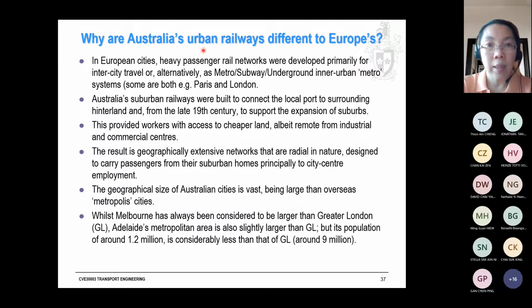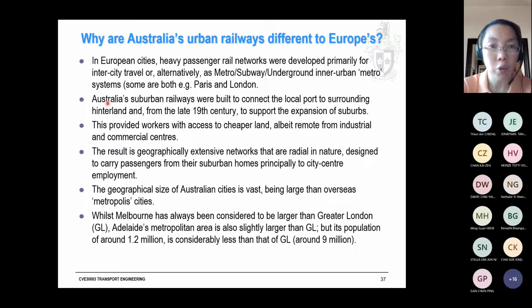Okay, so why are Australian urban railways different to Europe? Now, in European cities, heavy passenger rail networks were developed primarily for intercity travel, not so much for city travel. For example, Paris to London.